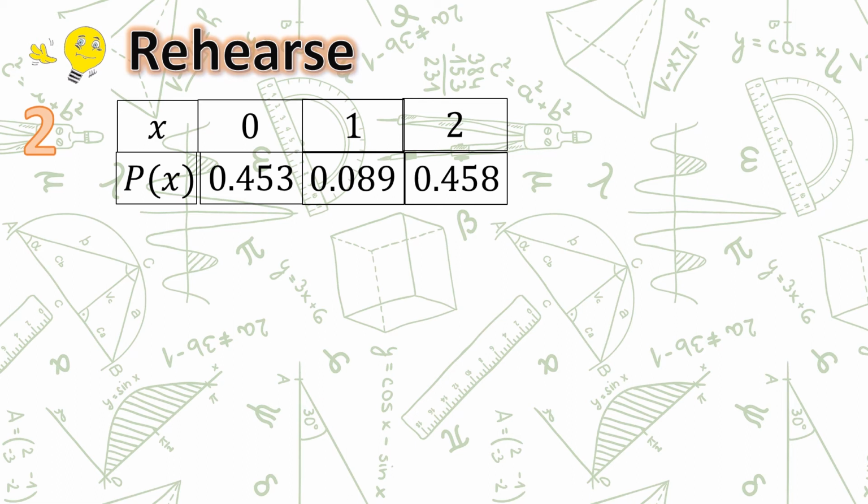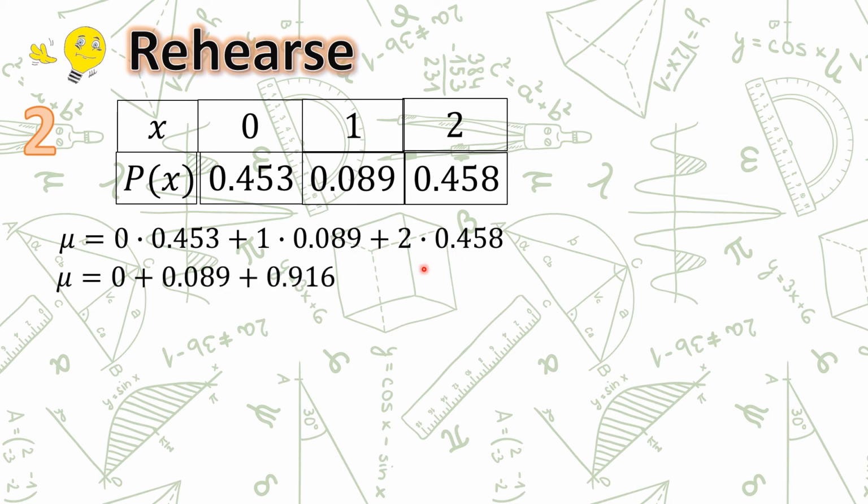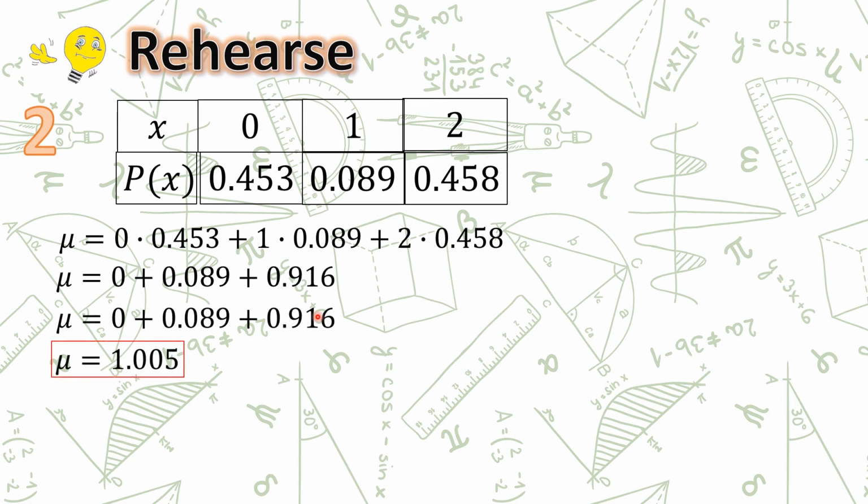Now to solve for the mean, we'll have the values of x times their corresponding probabilities: 0 times 0.453 plus 1 times 0.089 plus 2 times 0.458. Then evaluating, we will get the mean as equal to 1.005.